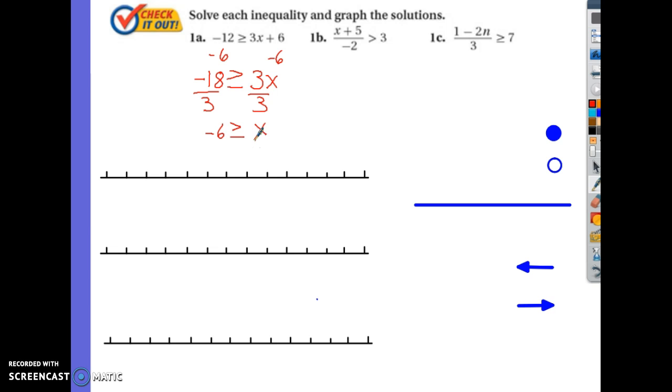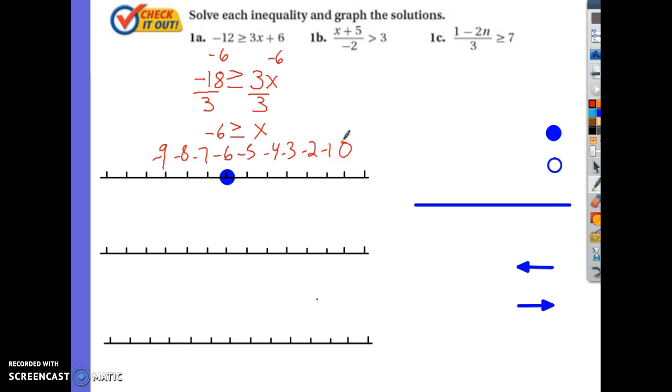So greater than or equal to, you're just going to go ahead and get your little dot, plot it, make sure your number line makes sense. Negative 6 needs to go here: negative 9, negative 8, negative 7, negative 6, negative 5, negative 4, negative 3, negative 2, negative 1, 0.